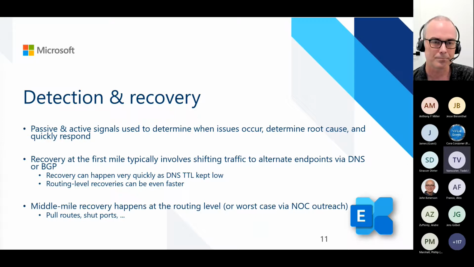There are also scenarios where we have telemetry that's more passive in nature, not active probing, just behind-the-scenes telemetry that's collected on an ongoing basis to see how the system is operating. So we have lots and lots of signals flowing in to Microsoft of different forms. I'll talk about a couple of the specific ones in a moment. And we use these in real time to detect issues and quickly respond to them.